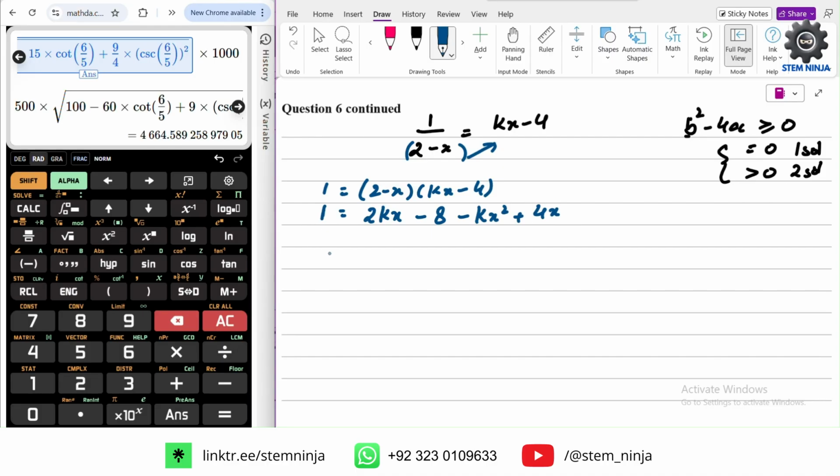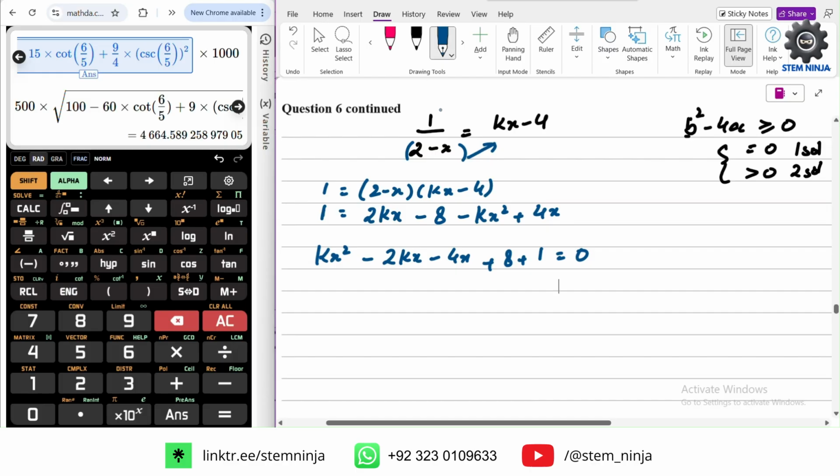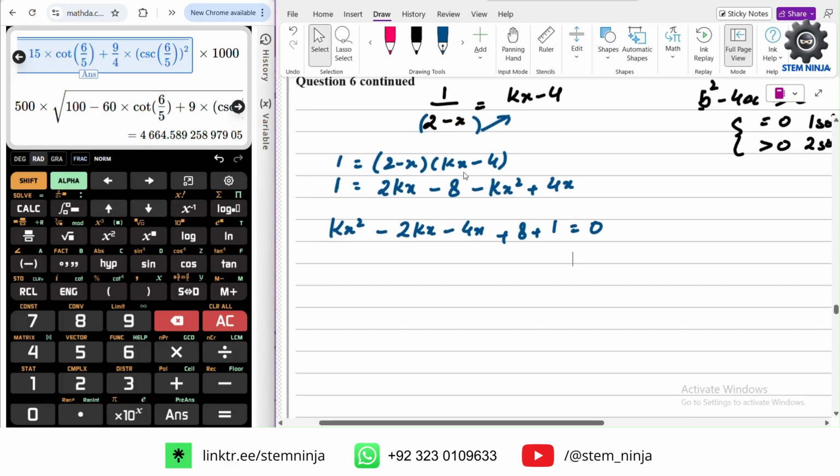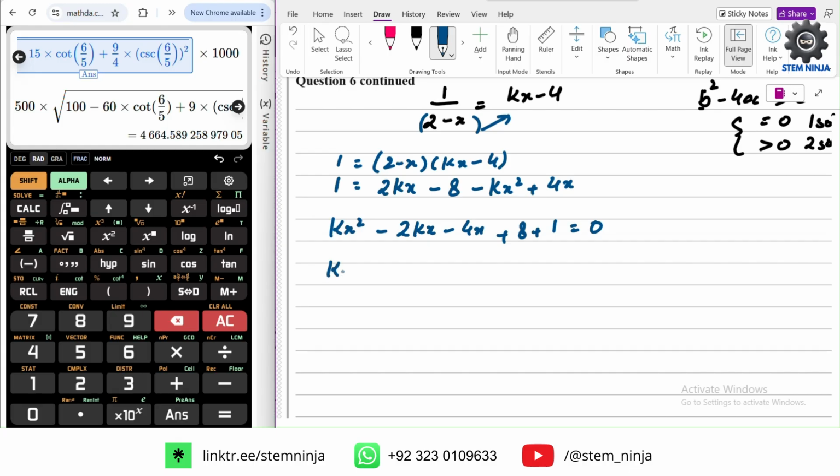Now we need everything on one side, so kx squared minus 2kx minus 4x plus 8 plus 1 equals 0. Let's further simplify those. So this is kx squared minus (2k plus 4)x plus 9 equals 0.